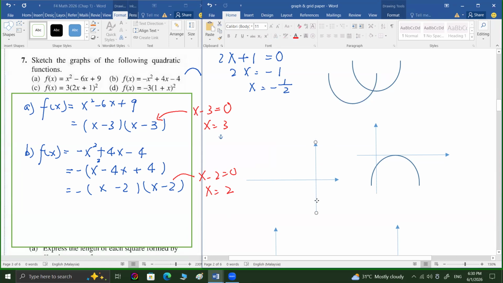Okay, what is a y-intercept, class? One more thing, you must know the y-intercept, right? Can any of you tell me what is a y-intercept here? Any of you? Okay, I delete this one. I need some space.